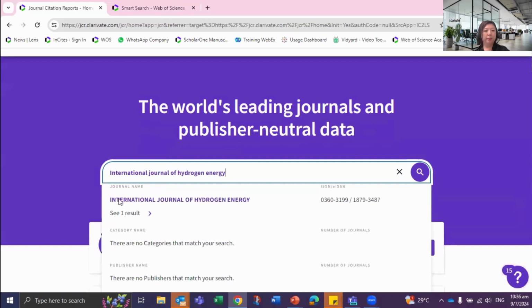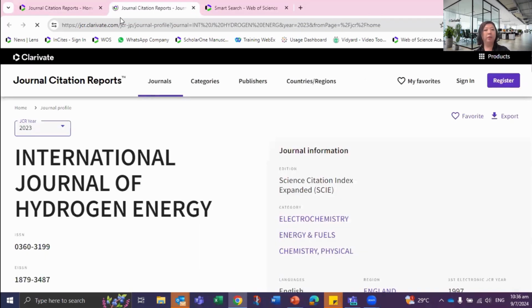If the journal is there on Journal Citation Reports, it will appear here as journal name and the result. Just click through to the journal's name and it opens up a separate tab, which is the journal's profile page. Every journal in the JCR will have its own profile page so that you can find out details about the journal.